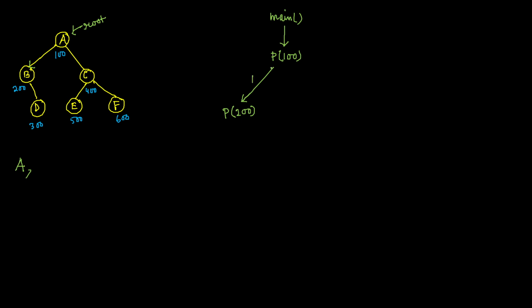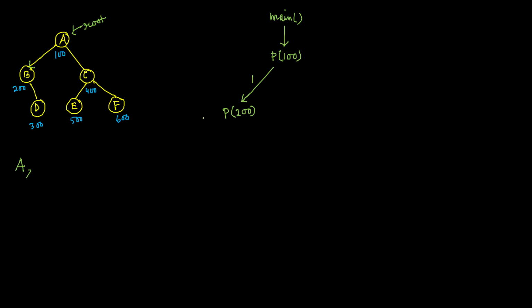I'm just numbering these calls, and I'll also mark the returns so that you can understand the order of communication between the various clones of the preorder function.